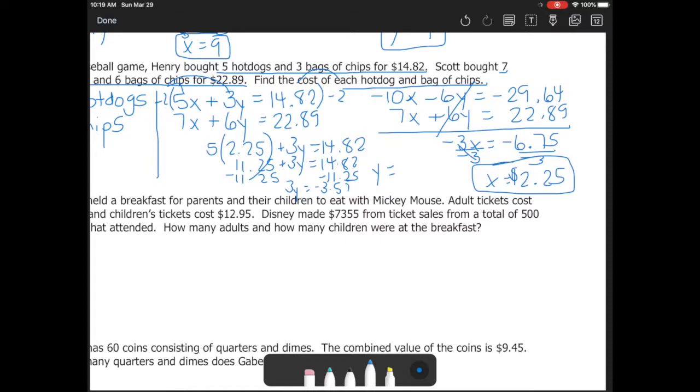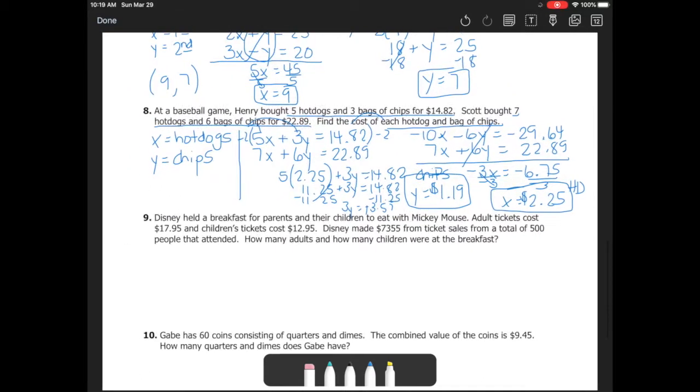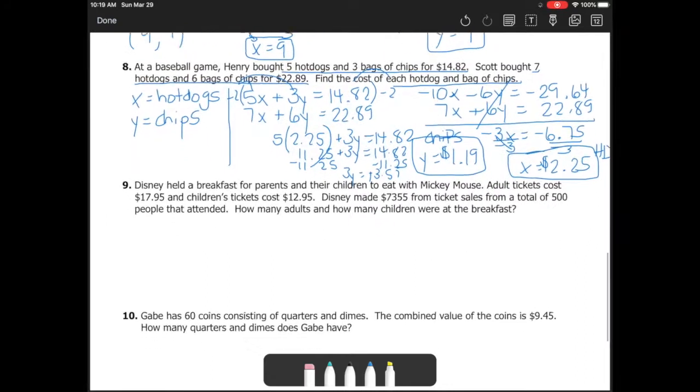Oh, I'm sorry, that's positive 3.57. There we go. I was going to say something's not right. I can't have a negative cost for a bag of chips. Positive $1.19. All right, so if it says for each hot dog and bag of chips, this was the hot dog and this was the chips. All right. Moving on to number 9.